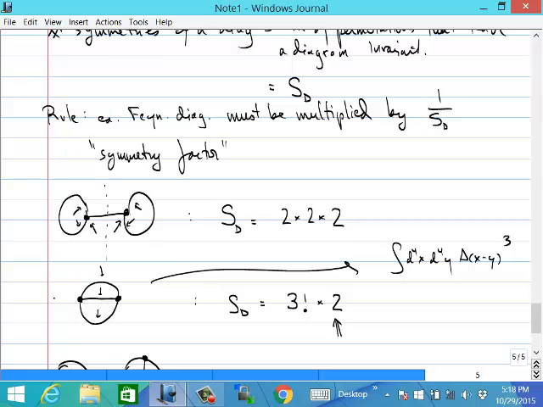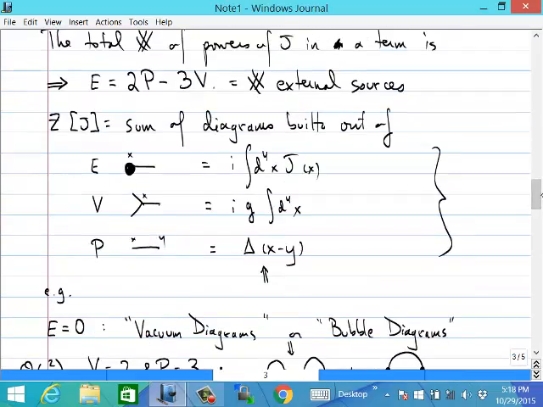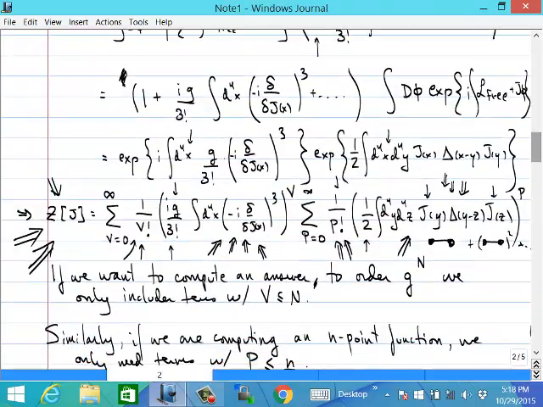If you don't want to think about symmetry factors, all you need to do is take the sum that we wrote down here, look at the term with v equals 2 and p equals 3, and just write down every term that appears. You'll get a 1 over 2 factorial from here, a 1 over 3 factorial from here, a 1 over 3 factorial squared from there, and a 1 over 2 cubed from there.